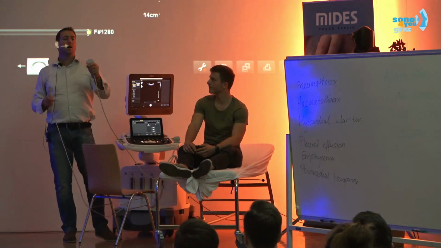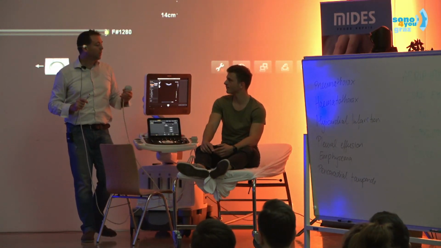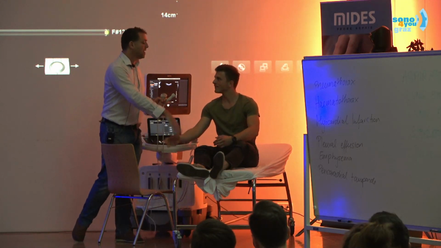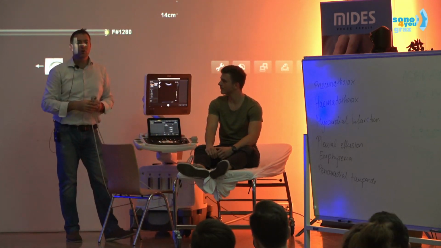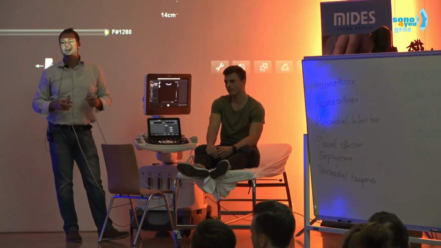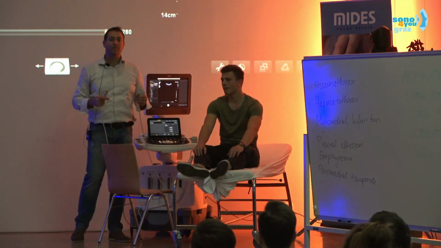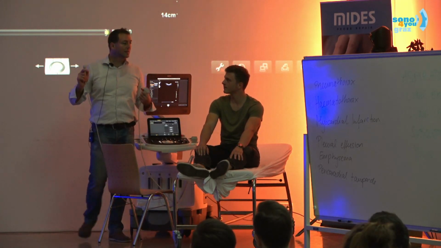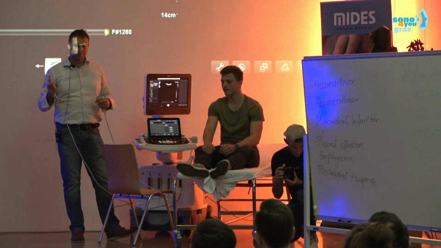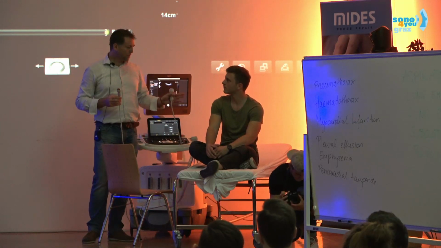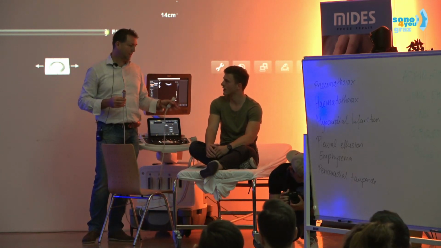Which one do you think we will use to see Malte's lungs? Linear, okay. Any other suggestion? Maybe cardiac, maybe abdominal? Okay, let's use linear and see what happens.